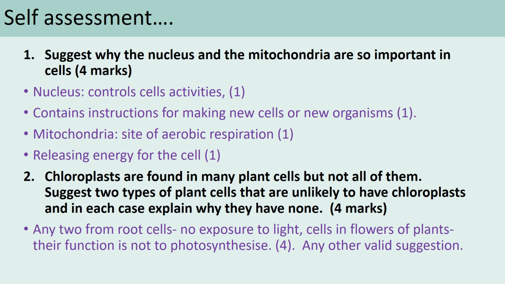It's there to attract pollinators. There are also several other valid suggestions. You might have spoken about the stem, or the trunk. Most parts of the plant is just there for support. So it's all about thinking about which ones will or will not have these different structures.